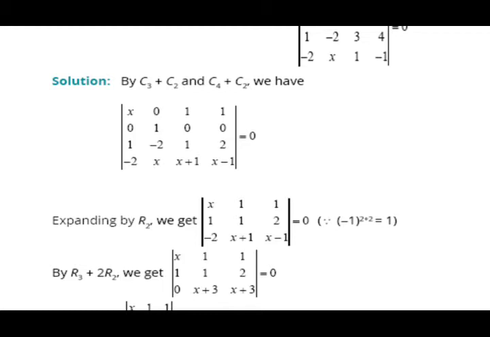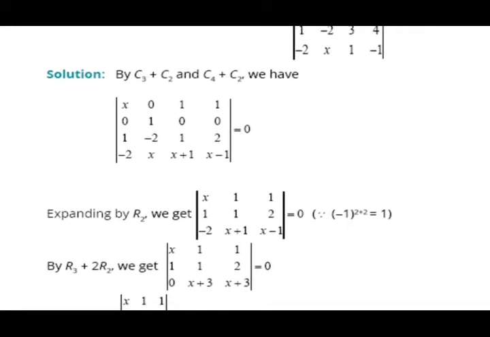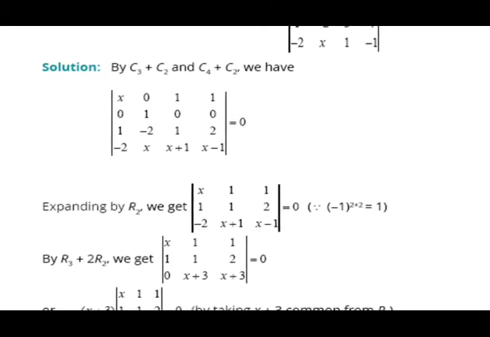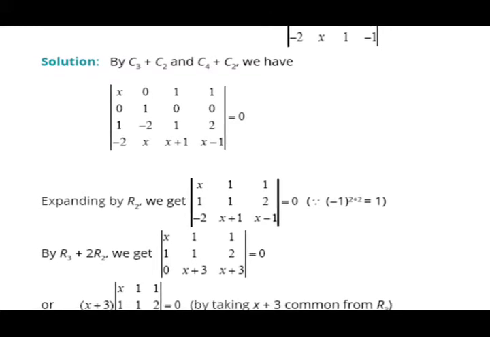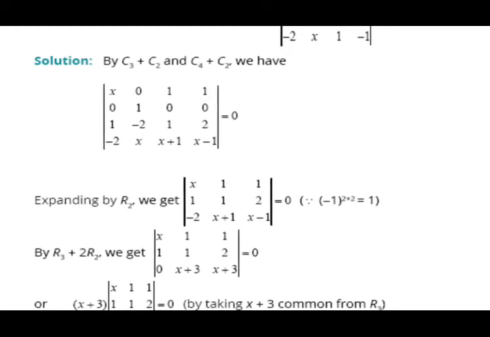Expand by row 2 because it has the maximum number of 0s. In row 2, the first value is 0, then 1, then 0, and then 0. The 1 is in the second row and second column. We delete the second row and second column and take the remaining values in the determinant.